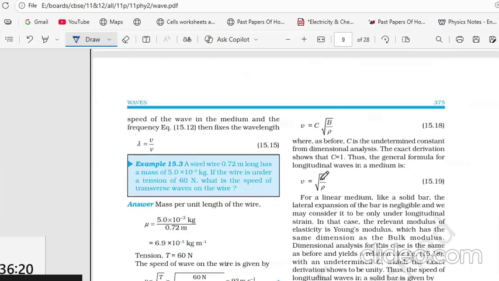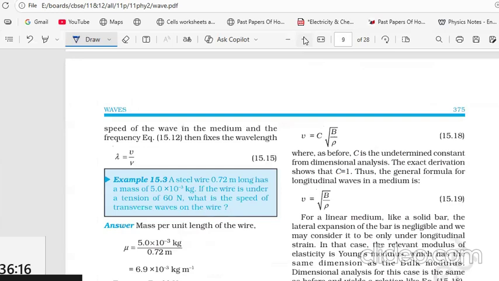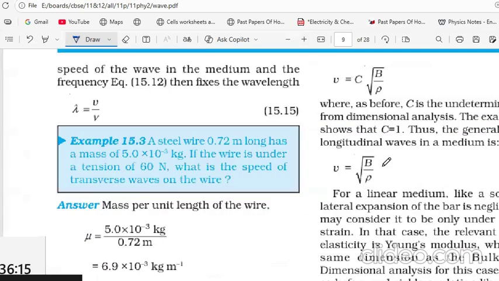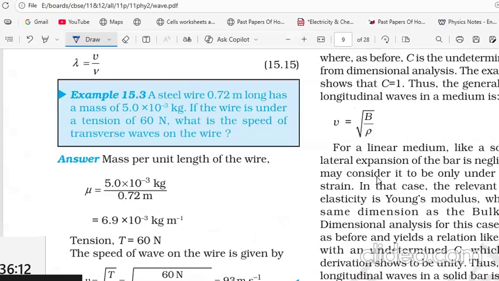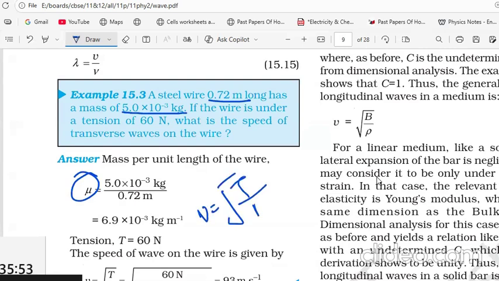So here he's doing a question. He says a steel wire is this length, has a mass of this. So you have to divide the mass which is given by the length to get this. So we can write V is equal to under root T by mu, which can be written as mass over length.